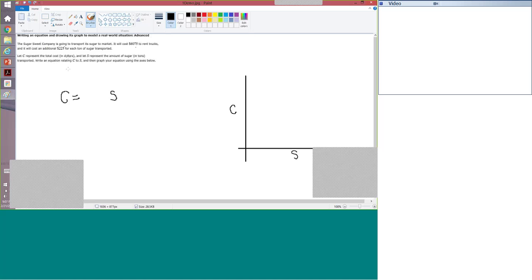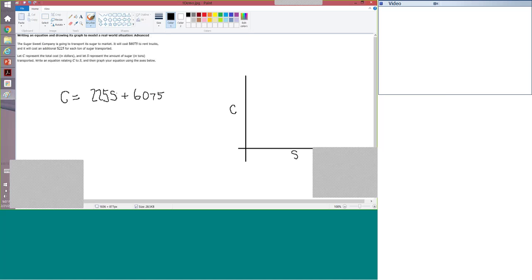So if each ton of sugar is $225, then we're going to multiply this 225 times the number of tons of sugar that we have, because that will tell us what our cost is going to be. So we've got 225S plus our initial cost just to rent the trucks, $6,075.